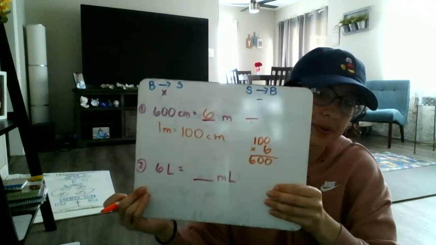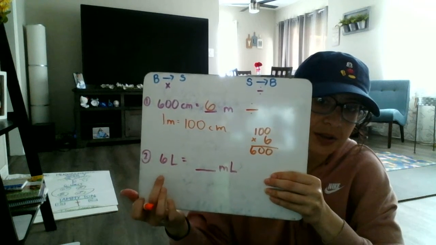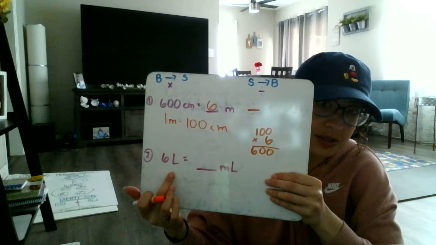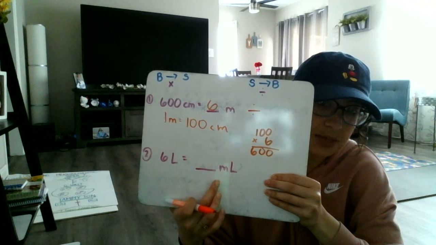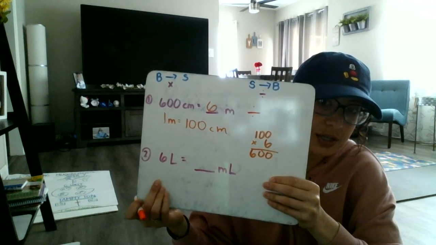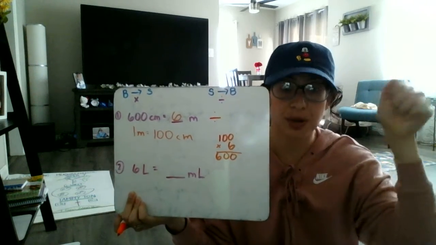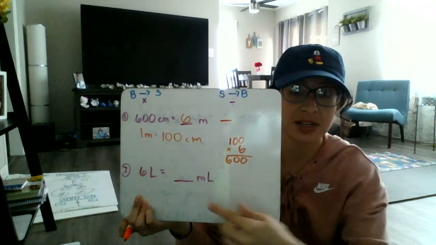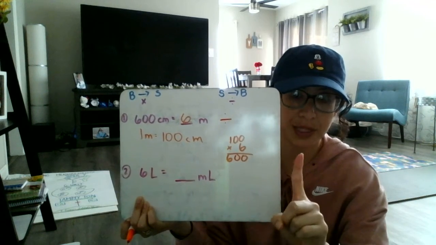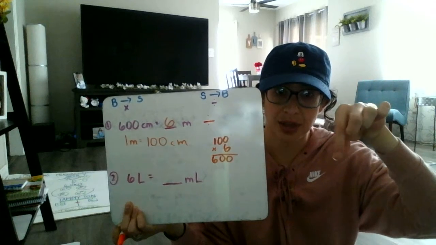Okay, next one. Now we're doing capacity, liters. 6 liters, and I want to change that to milliliters. So remember, a liter, what did I use? I used my blue water bottle that I take to class. So that's 1 liter. And a milliliter, remember the little teardropper that I talked about?